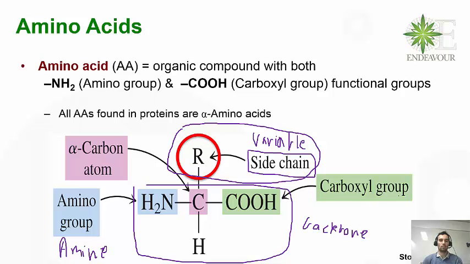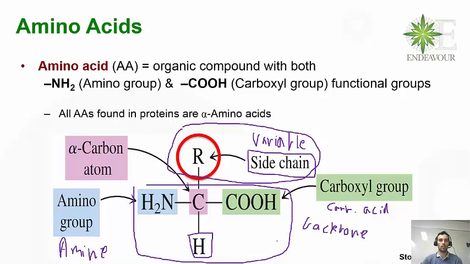They're also going to have a carboxyl group, which is actually our carboxylic acid group. We saw these functional groups in our organic chemistry lecture. And we also have a single hydrogen attached. So an amino acid is made up of these four groups: the variable R group, the two functional groups, and the hydrogen.